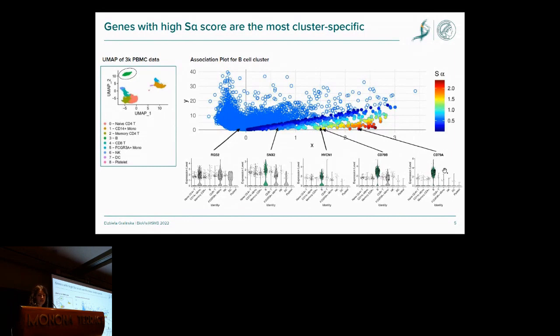The one on the right side is the gene with the S-alpha score above 2. For this gene, we can see a strong overexpression signal in the B cell cluster. This is the cell cluster which I use for generating the association plot. And then the smaller the S-alpha score gets, the smaller is the overexpression signal in the B cells. And on the left side, we can see a gene which doesn't have any S-alpha score, and we can see that this gene is strongly overexpressed in other clusters other than the B cells.